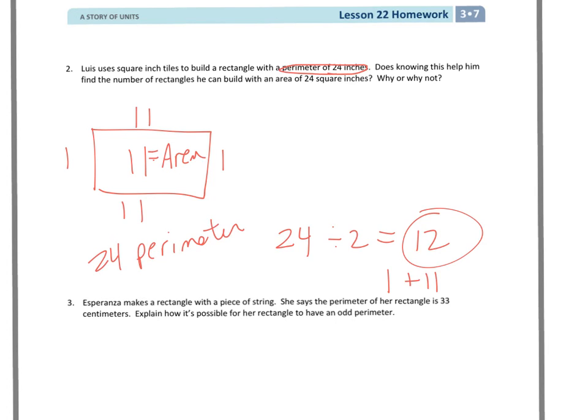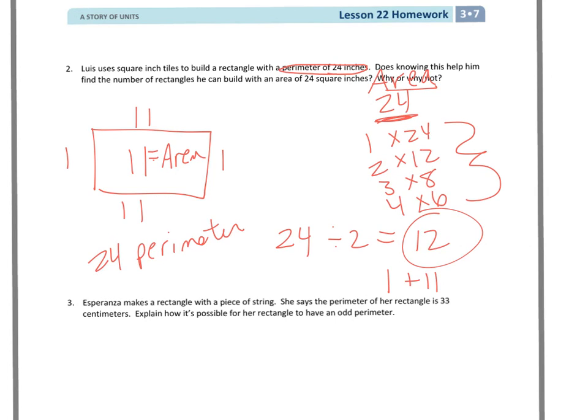So it's not really going to help us because if we look at area of 24, we find factors or two numbers that are going to give us 24, like 1 times 24, 2 times 12, 3 times 8, 4 times 6. Those are the four that will make rectangles with an area of 24.